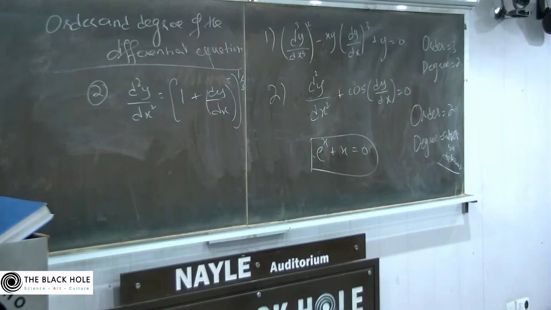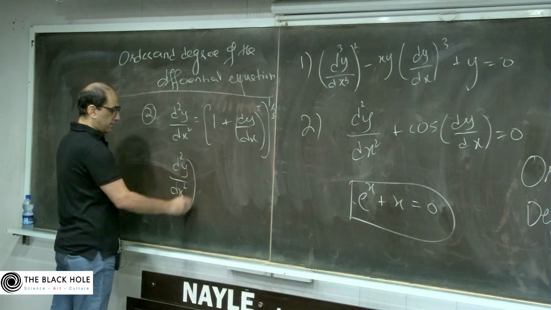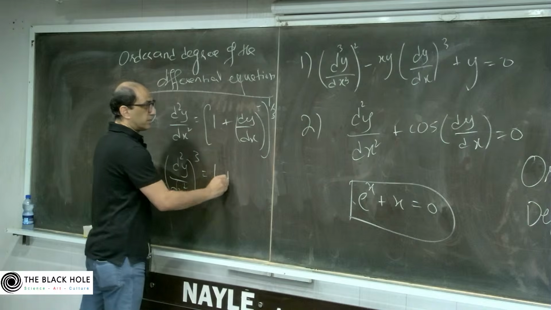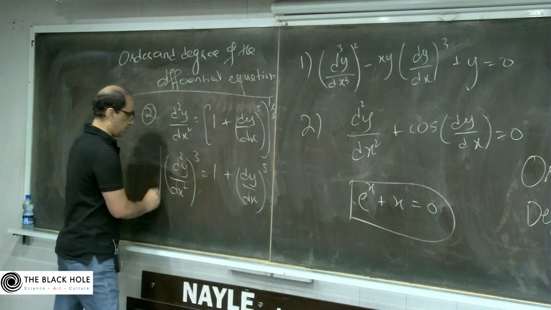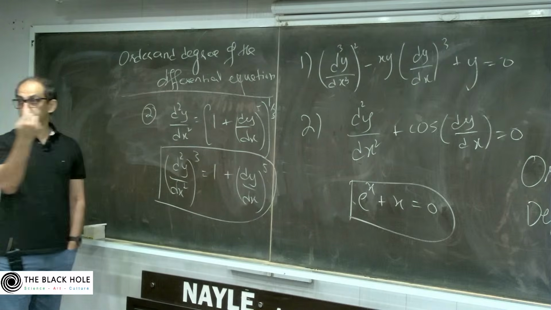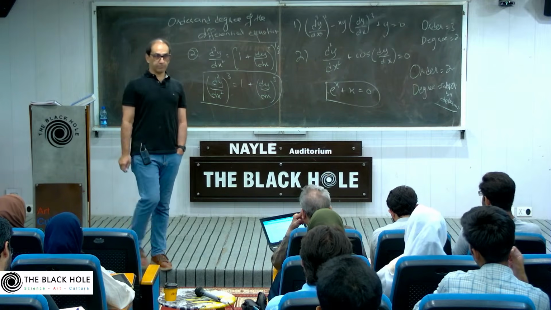So I want to get rid of this power in order to come up with something substantial. Excellent. Yeah, this is what we do. So once I do that, in this case, I can deal with this. So now it's perfect. I have order 2, degree 3.